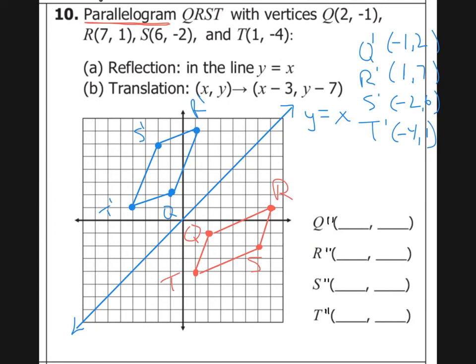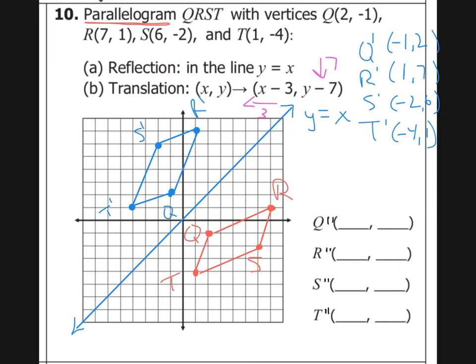Now what? Now we apply the translation to these set of points. So now we're going to take these blue coordinates, that's why I wanted to write the interim, and we're going to take all of the x's and move which way? Negative 3 is to the left. So we're going to move left 3 units, and negative 7 is down 7 units. And we're going to apply that algebraically to all of these coordinates, or take each coordinate here and just hop 3 left and down 7.